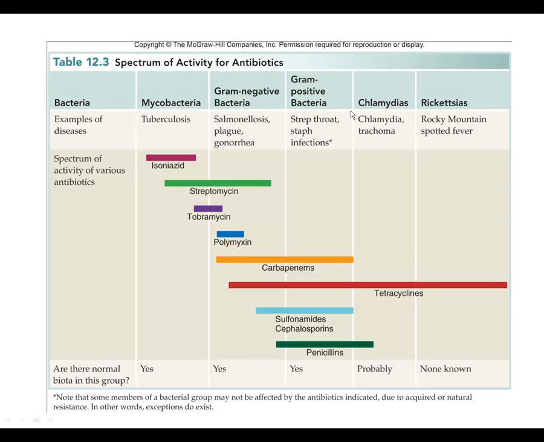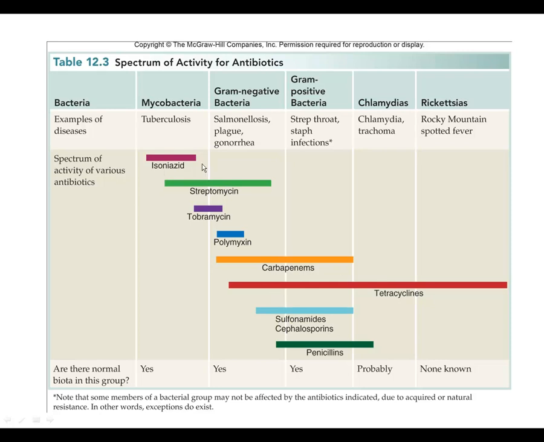If you look at this table here, this is basically the spectrum of activity of antibiotics. You've got a number of different diseases here. Some of them are from the mycobacteria group, tuberculosis, things like that. Gram-negative bacteria, gram-positive bacteria, chlamydias, rickettsias. These are all different types or groups of bacteria. And this is the spectrum of activity of a lot of these different drugs.